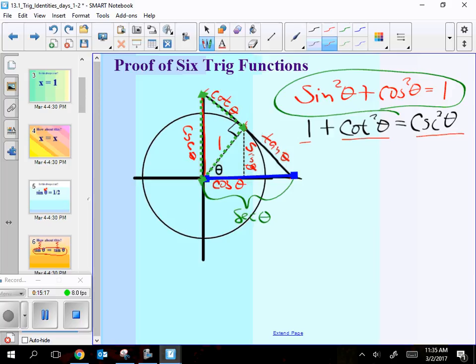This is one more that involves a 1 and different functions. We've used 4 of our functions. Yes, sir. I'm going to go 1 plus tangent, just because it'll make a snappy saying later. Yes, sir.